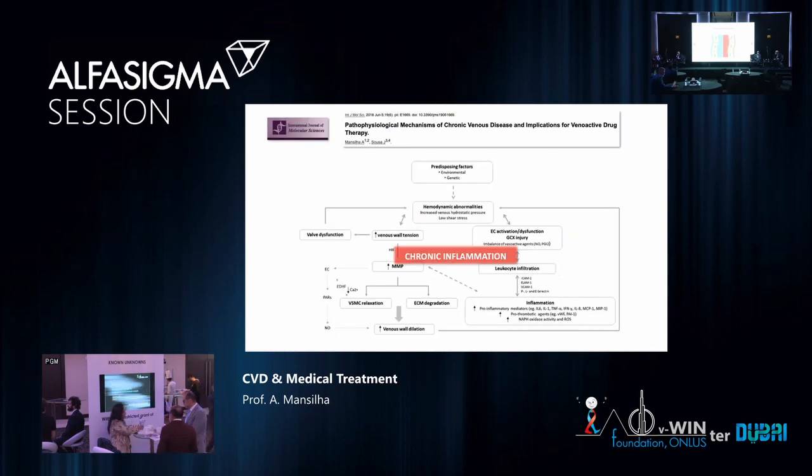Trying to summarize all these pathophysiological mechanisms of chronic venous disease, we must be aware of this vicious cycle with venous hypertension, the leukocyte adhesion, the interaction with the endothelium, the release of inflammatory mediators, and at baseline, the concept of specific venous chronic inflammation.